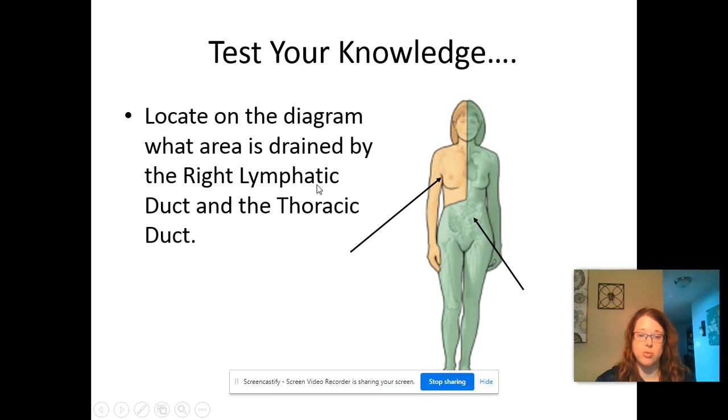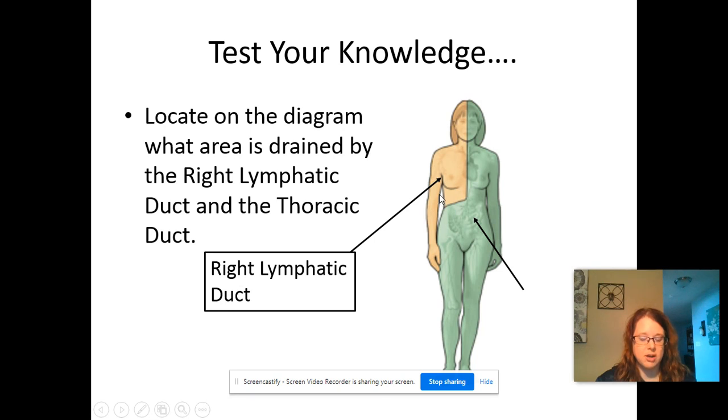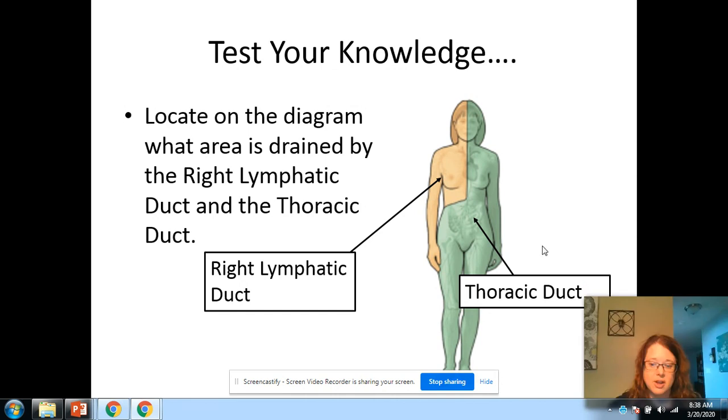So if it's right lymphatic duct, then it would have to be this one here. And it does not cover as much area as the thoracic duct. So obviously then this would be the thoracic duct here. And remember, the function of the ducts is to take in all the fluid that has come from the lymphatic vessels and then transport it to the heart itself.